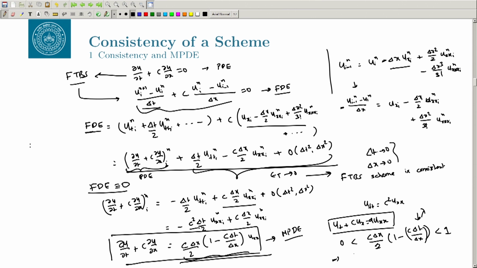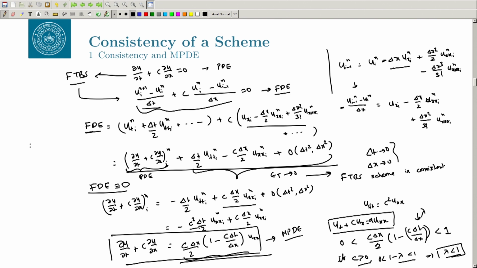So, if C is positive, then 1 minus lambda should be greater than or equal to 0, that means lambda should be less than or equal to 1.